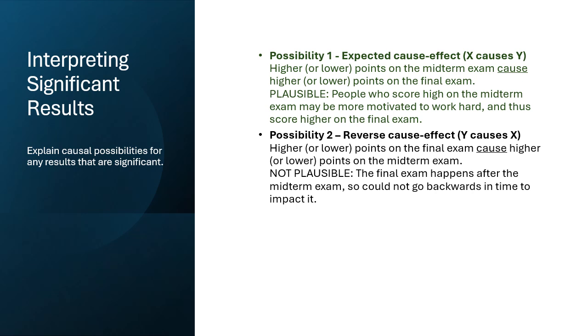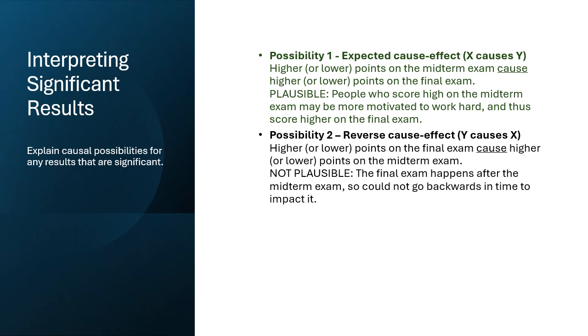If it's a negative correlation, this would be the opposite. But we want to indicate that this goes in both directions. And we have to tell whether we think it's plausible, and I think this one is. I think this could happen. It might work like this. Maybe people who score high on the midterm exam find themselves feeling excited or proud or motivated, and this leads them to work hard. And so they also score higher on the final exam.